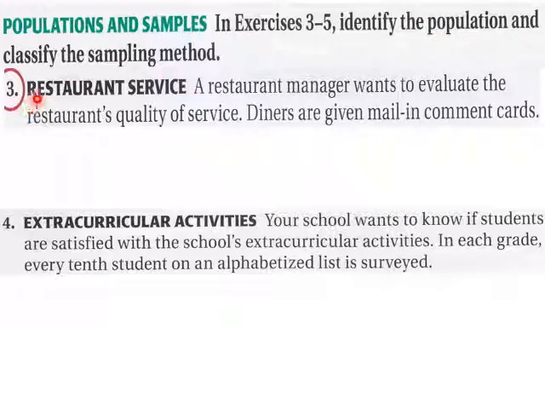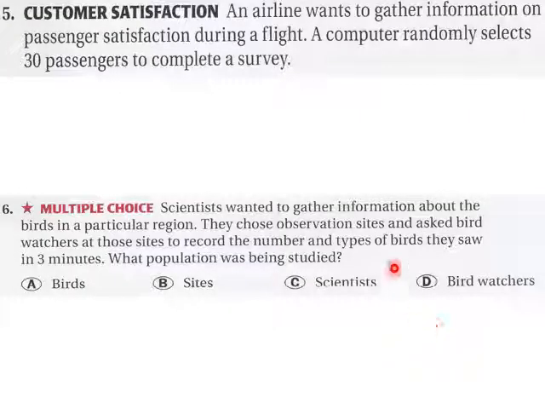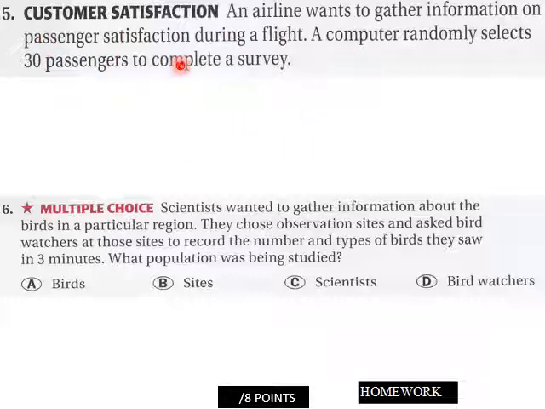Identify the population and classify the sampling methods. So you have sampling methods here that are being used. Go back up into your classwork to review the sampling methods. And then customer satisfaction. An airline wants to gather information. A computer randomly selects 30 passengers, so they want you to define the sampling method here.